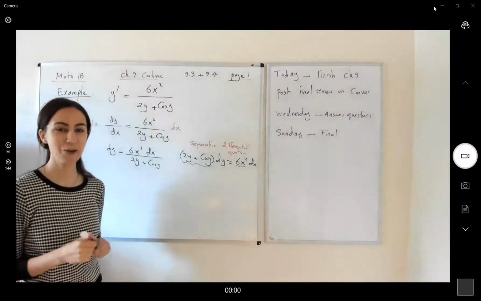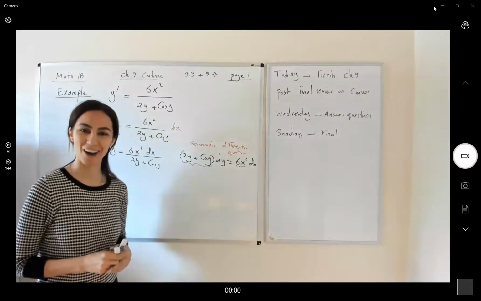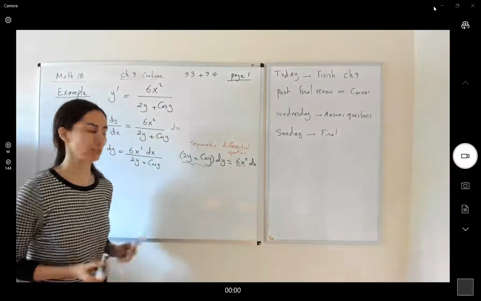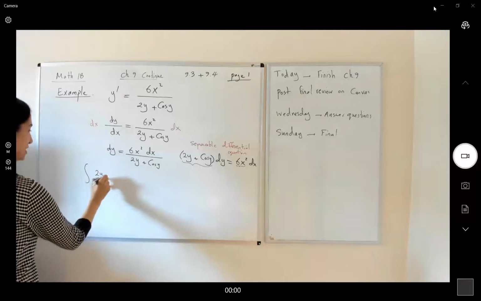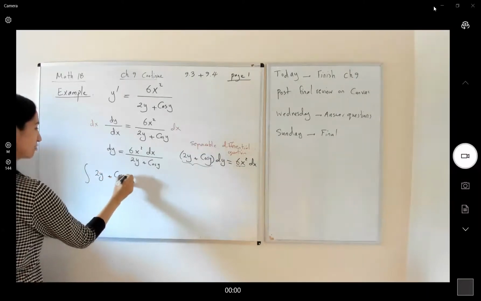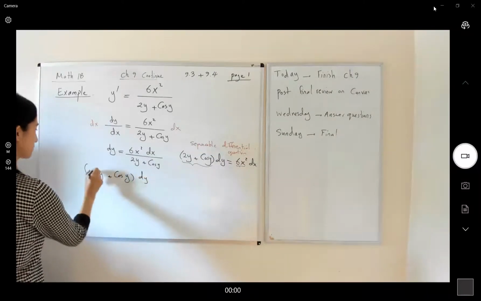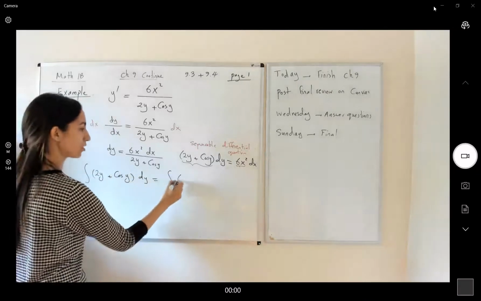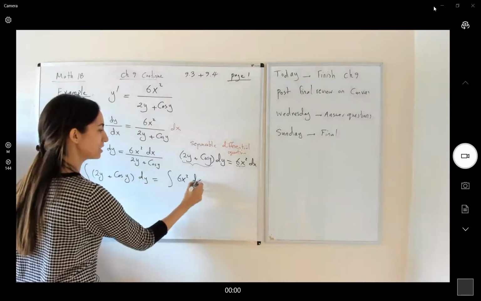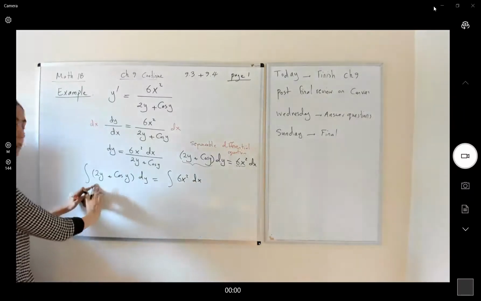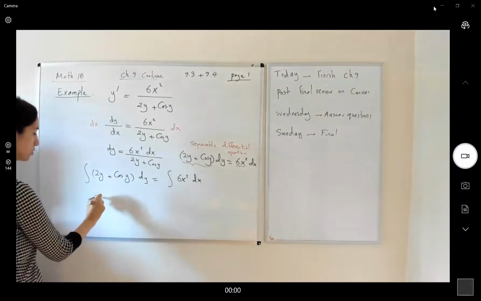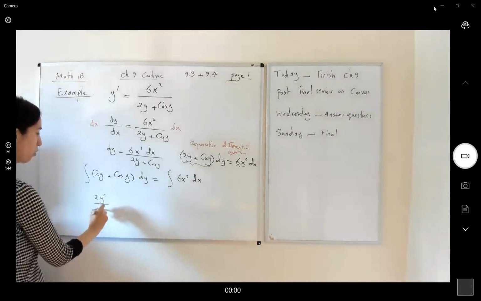Well, now we're taking the integral of both sides and start solving this. So the integral of 2y plus cosine y dy equals the integral of 6x squared dx. So the integral of 2y is 2y squared over 2.